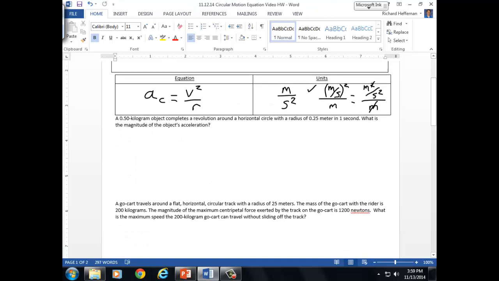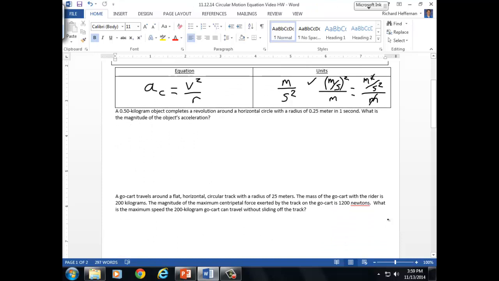In terms of solving problems, they're very similar to the problems we've been doing, just with this one additional equation. So we'll read the question. A 0.5 kilogram object completes a revolution around a horizontal circle with a radius of 0.25 meter in 1 second. I'll draw a top view of my very circular circle.